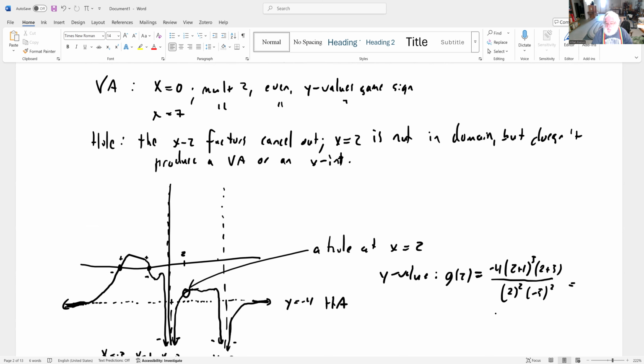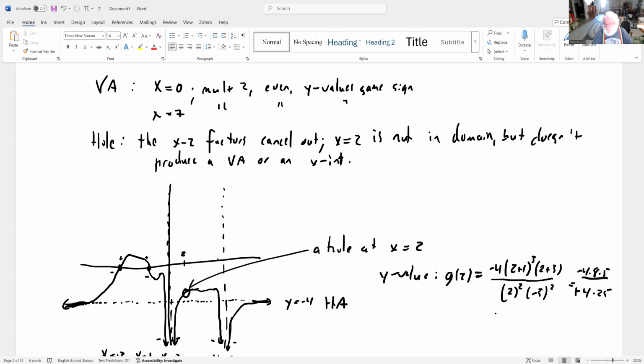So it's going to be minus 4 times 8 times 5 over 4 times 25, positive 25, because in the minus 5 squared, the minus sign goes away.